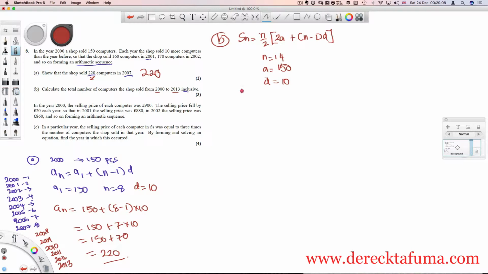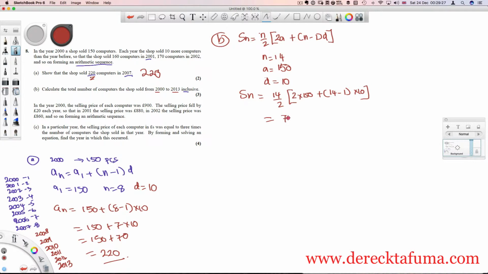So that becomes S sub n equals 14 divided by 2, times (2 times 150 plus (14 minus 1) times 10).